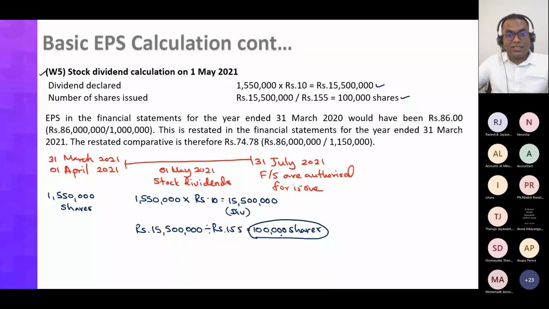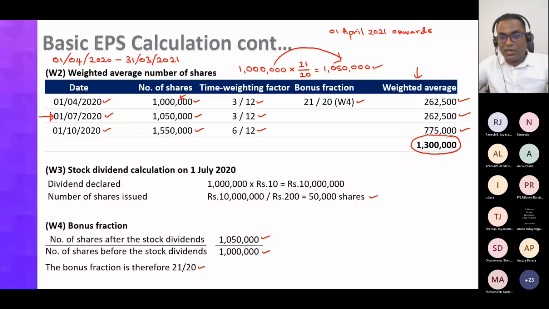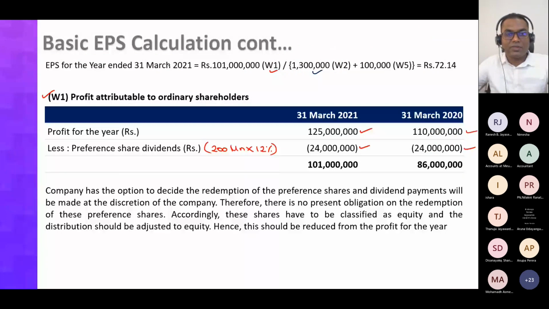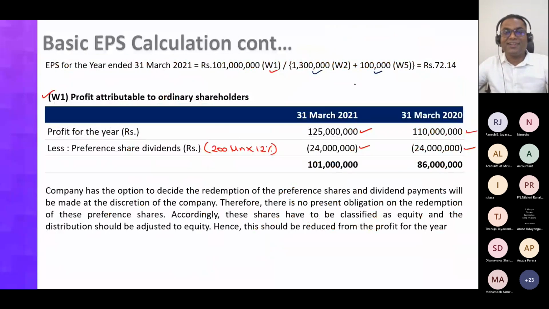So in the EPS computation, under working number 2, I have the weighted average number of shares for the current year, 31st March 2021, of 1.3 million. To that, you need to add the number of shares issued without changing any corresponding resources, which require a retrospective adjustment, as these shares were issued in the next year before the financial statements are authorized for issue.